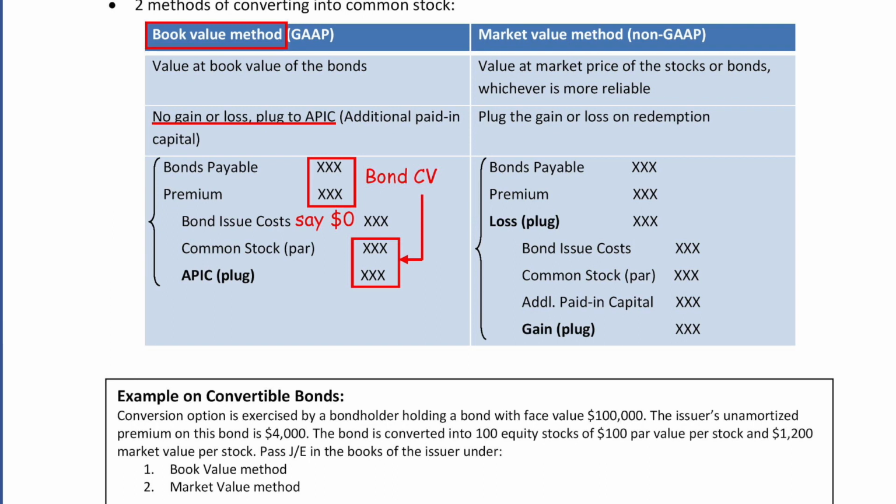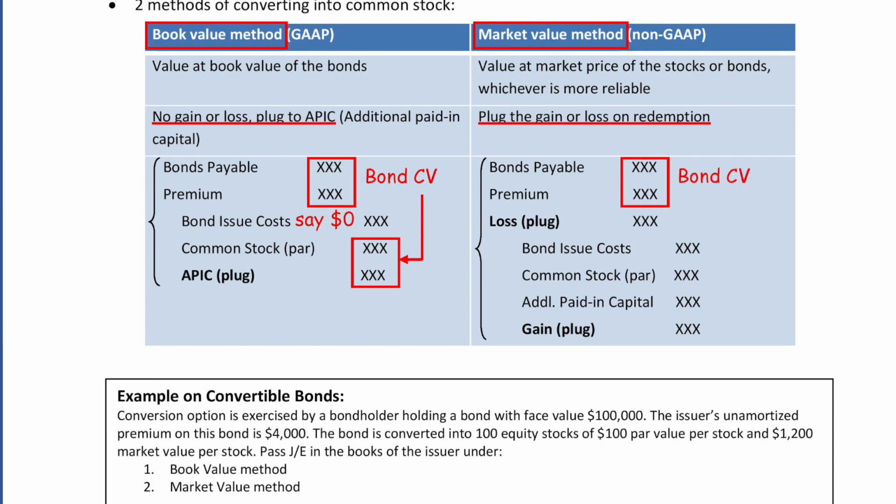Now looking at the market value method, put a box around market value method. At conversion, the value is at market price of the stocks or bonds, whichever is more reliable. Underline, plug the gain or loss on redemption. So on the debit, we have bonds payable and premium. Box that and write bond carrying value. Now there could be a loss or a gain.